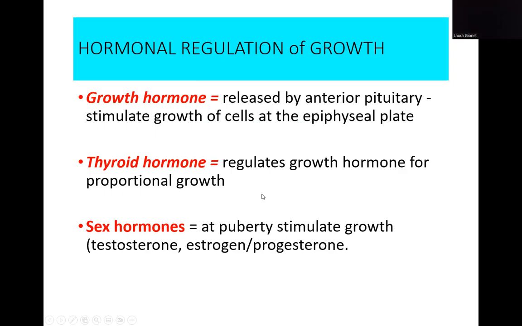Thyroid hormone helps regulate growth hormone for proportional growth. So what do I mean by that? T3 and T4 are arguably two different hormones that are made in the thyroid gland. And then there's another one called calcitonin.